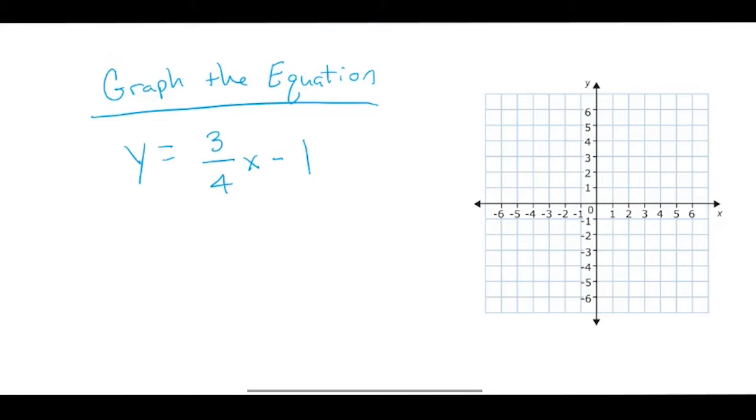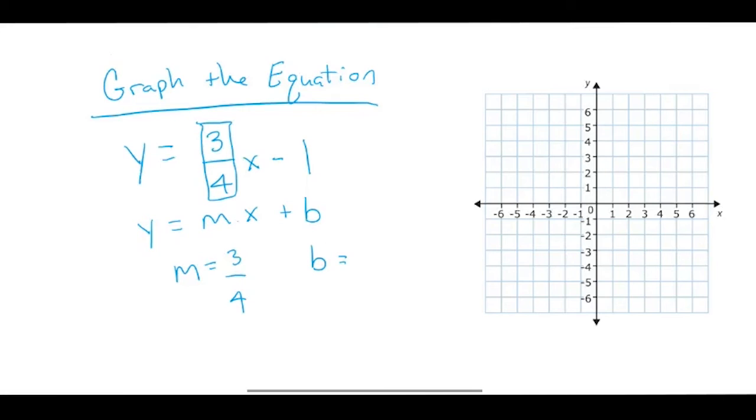Okay, so now we have the equation y equals 3/4 x minus 1. It is in the form y equals mx plus b, which is slope-intercept form. All right, I need to find m and b. Well, m is whatever is being multiplied by x, so m in this case is 3/4.